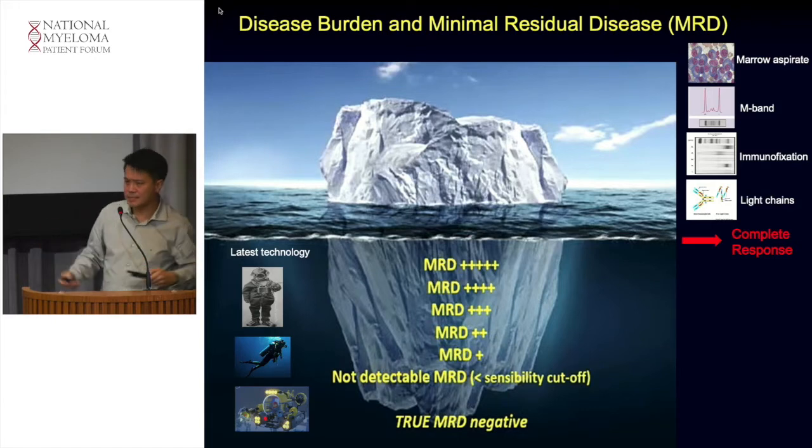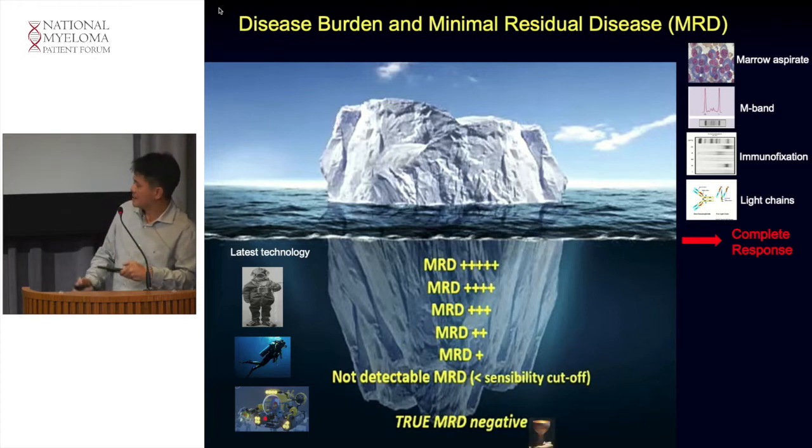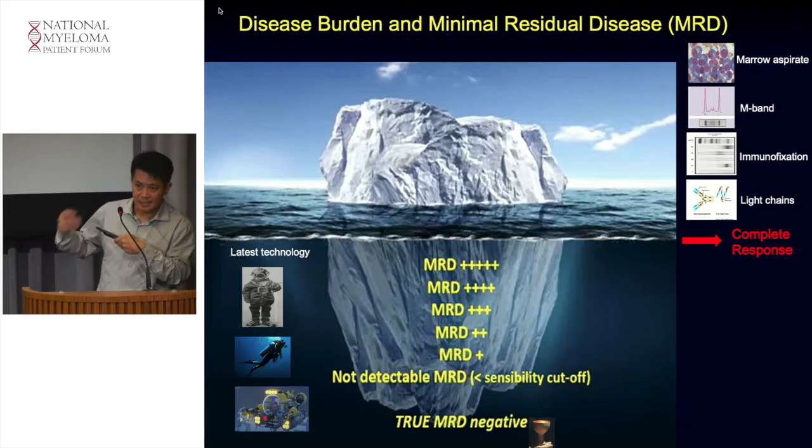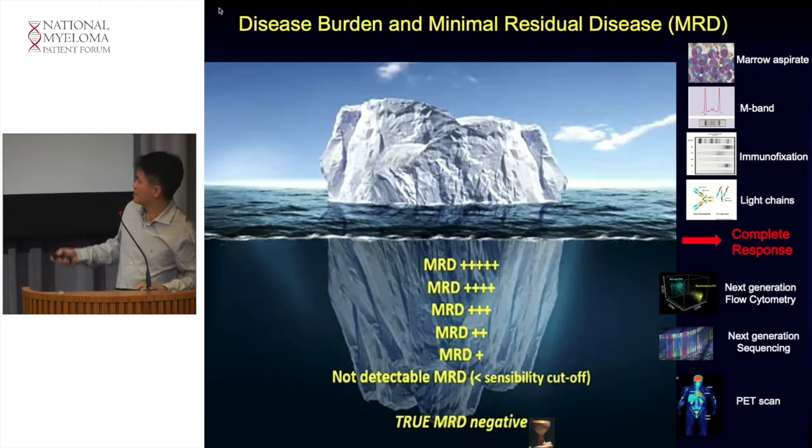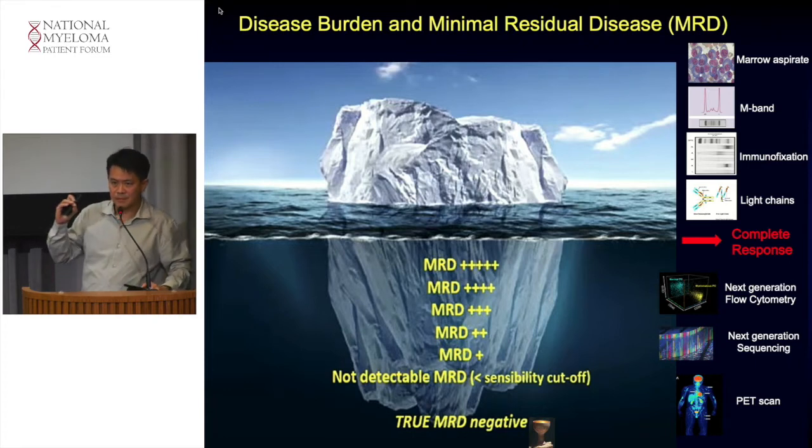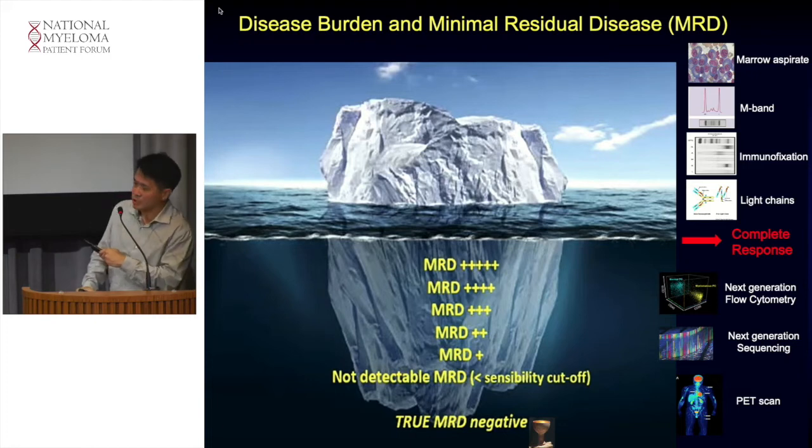And so what are these technologies to help us measure minimal residual disease? Perhaps if you can get to the bottom of the sea, this is where you could find the holy grail of cure for multiple myeloma. We're getting excited because now with technology, we're able to measure this bit of disease that is left in the body. Currently, the two available technologies that help us measure the most minute amount of disease in the bone marrow are next generation flow cytometry and next generation sequencing.